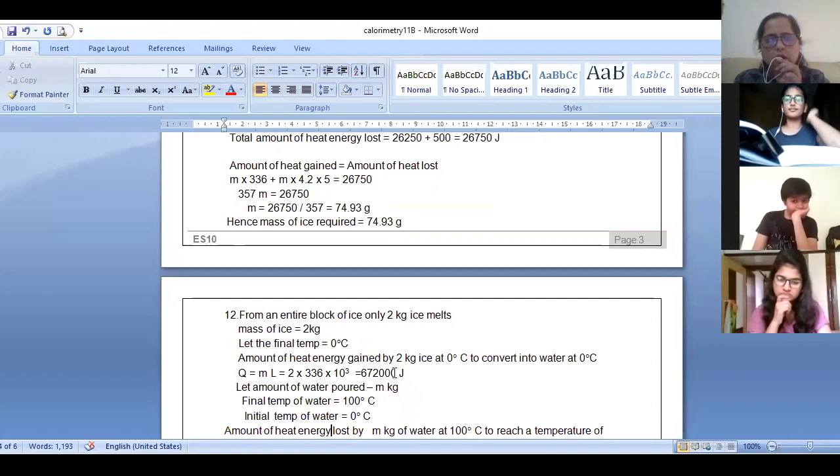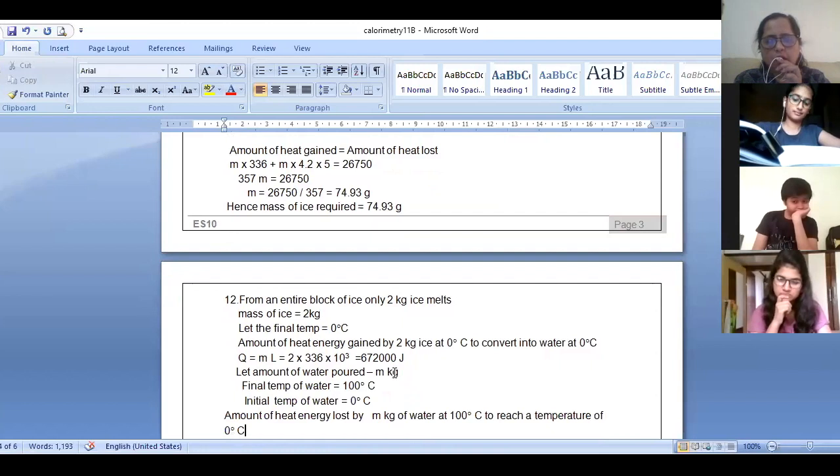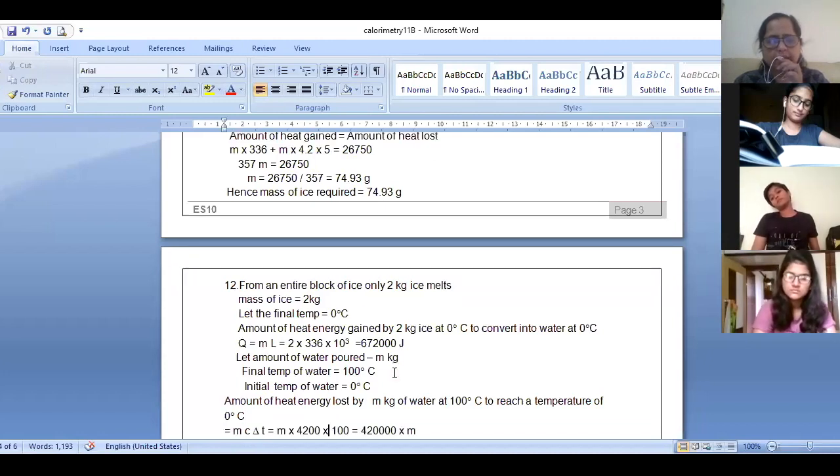Now we are going to see the heat lost by water. So the amount of heat lost by m kg water at 100 degrees to reach 0 degrees will be mc delta T.